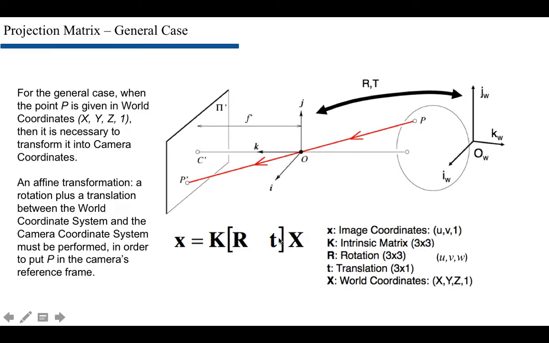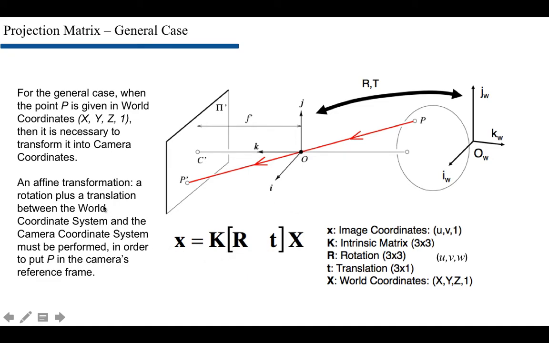Well, it's pretty simple. We remember the affine transformation. All that we need to do in order to transform one reference frame into another is implement a translation from one to the other and a rotation. That's implemented through a rotation and translation matrix as a combination.